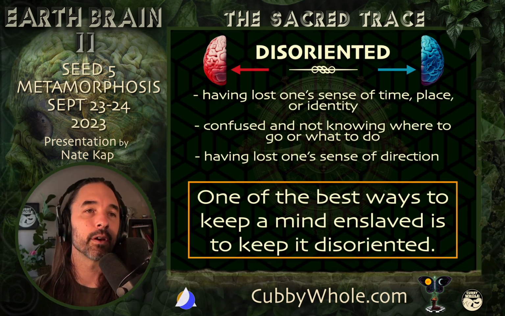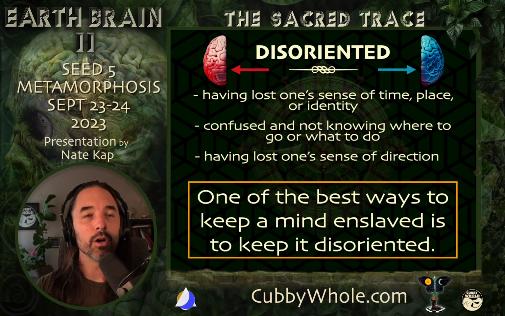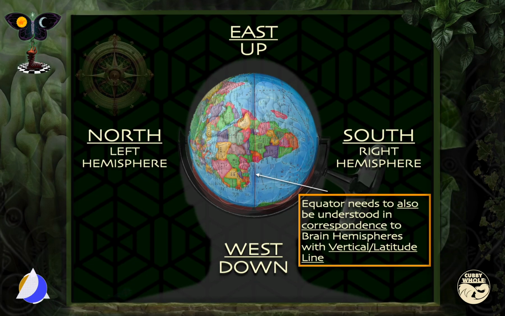So now overlapping the human brain with the globe can help us understand the correspondence with the poles, north and south, to the left and the right hemisphere. So the equator, and this is something I really just want people to see, is a different type of orientation.